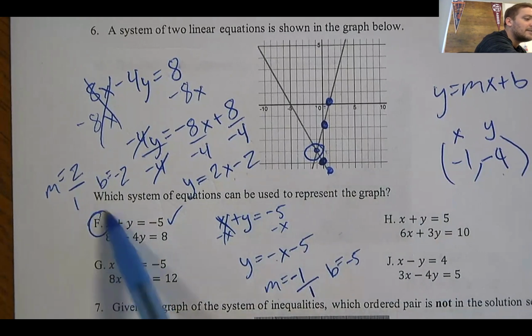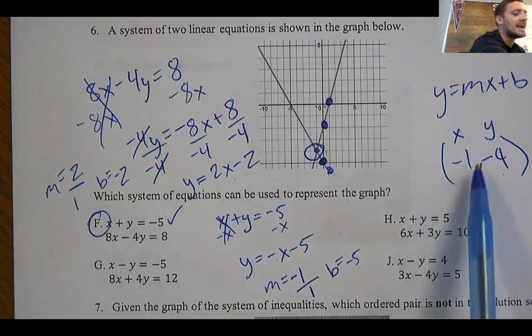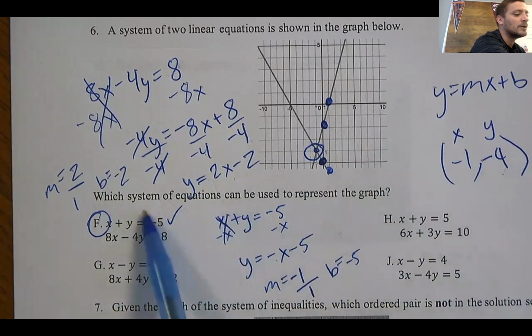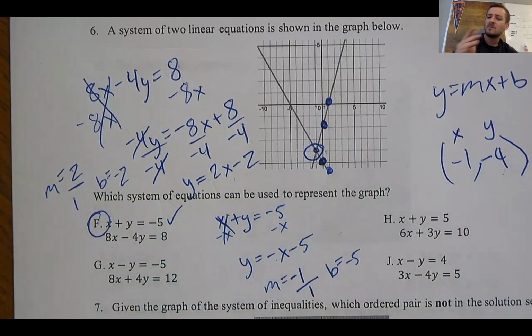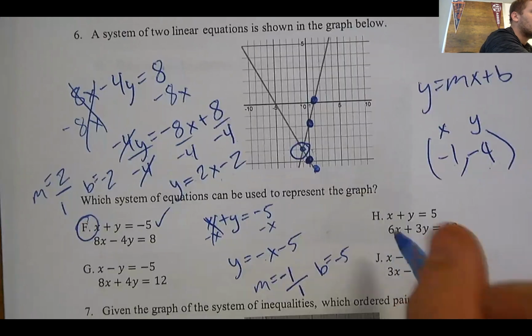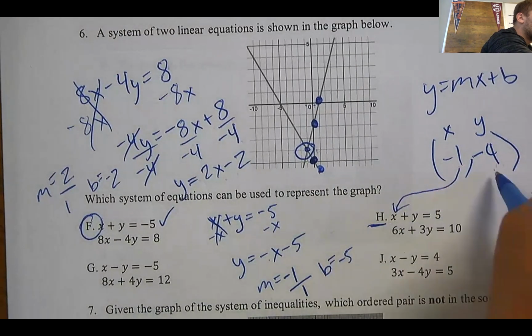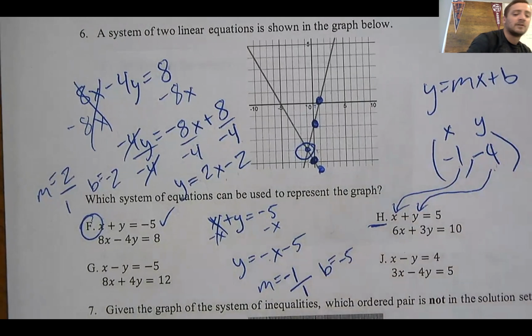F is the only answer that has two equations that -1 and -4 would satisfy. For instance, here's what I mean. What if we tried to plug in -1 and -4 into answer choice H? So -1 is x and -4 is y.